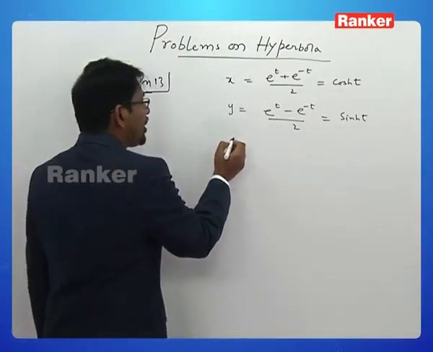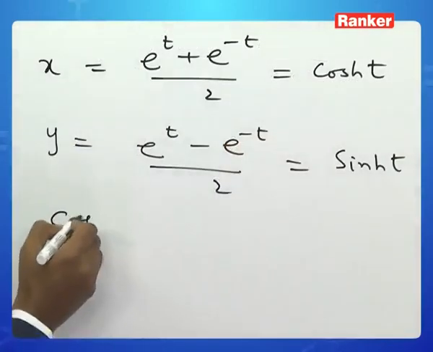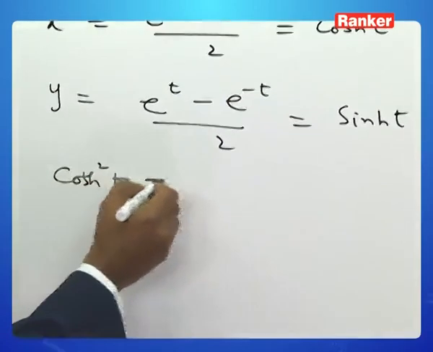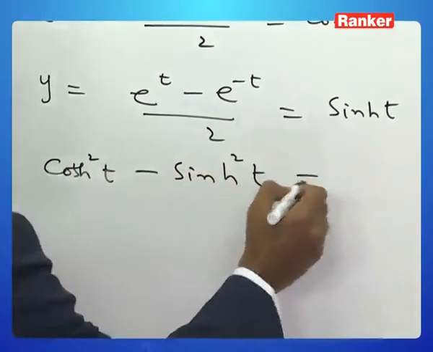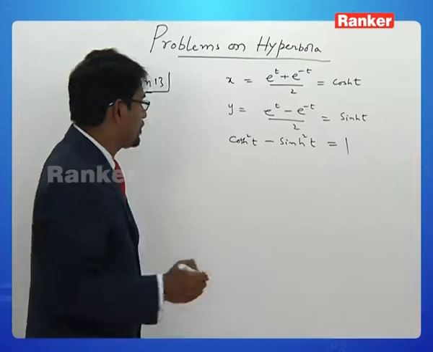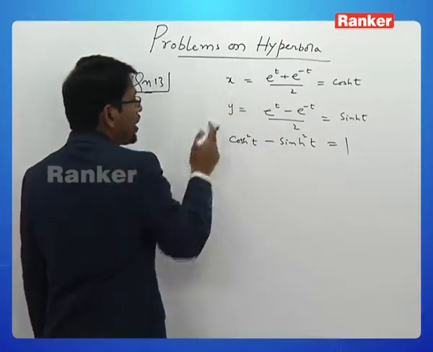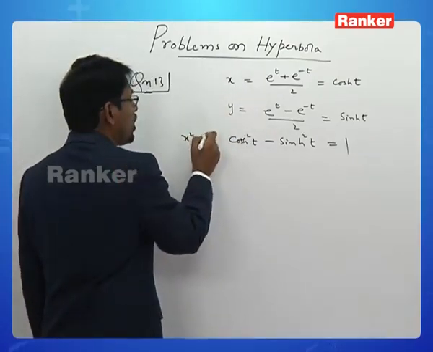We know that hyperbolic cos square minus hyperbolic sin square is equal to 1. You can even verify here, x square minus y square is equal to 1.